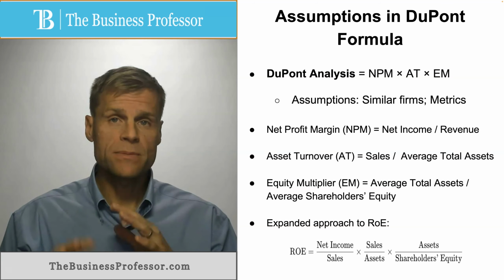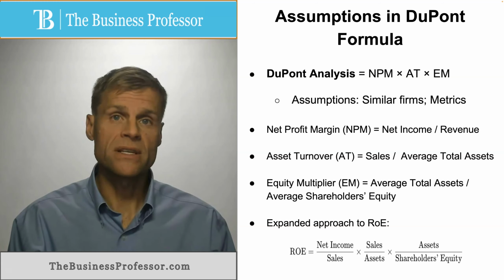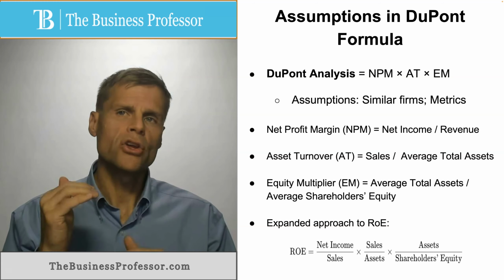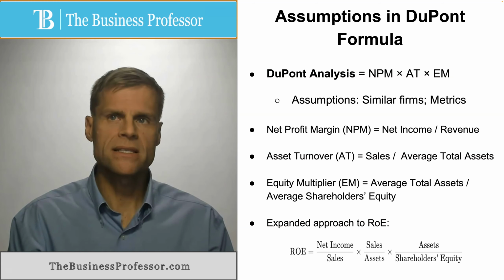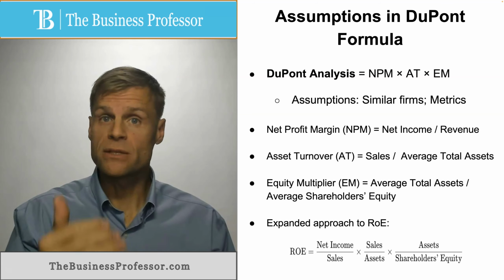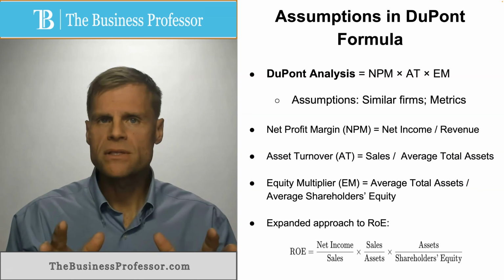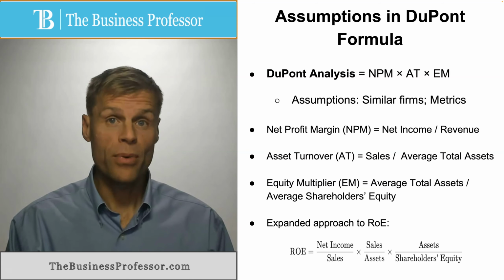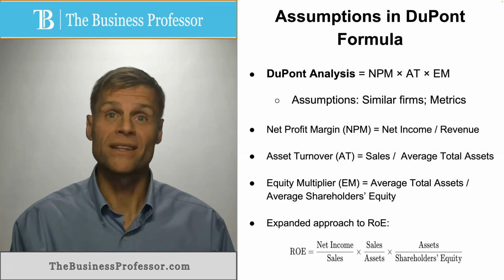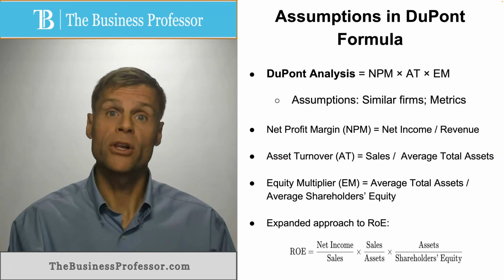And if you look at the expanded return on equity approach that you see below the formula for it, you can see how these different metrics apply and are used as part of this formula. But hopefully this helps you understand what assumptions are relevant, necessary, and a part of implementing or employing the DuPont formula or analysis.